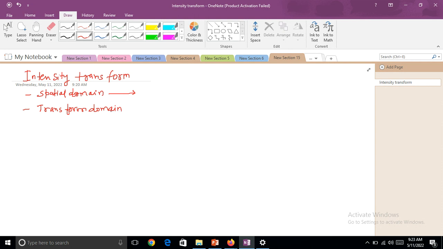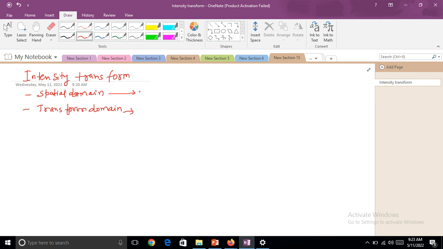In transform domain, first we transform the pixel values into a different domain, like applying Fourier transform, where amplitude may be transformed into frequency domain, and then we change the frequency and get back to pixel values.